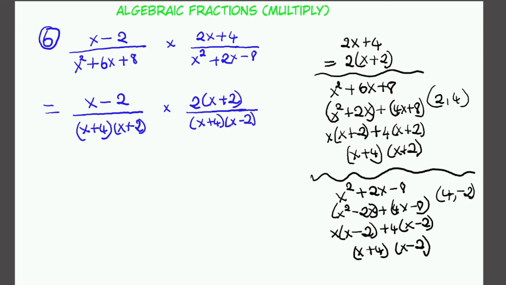Now, looking at this, is there anything for us to cancel? Yes, there is. x minus 2 cancels x minus 2, and x plus 2 cancels x plus 2. What are we left with?